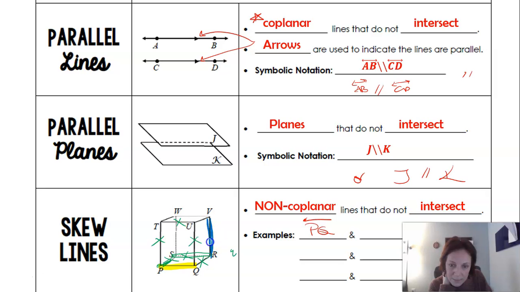See this line? PQ is on one side of the room along the floor. VR is in the opposite corner of the room going up and down. They're never going to cross, but they certainly aren't parallel. So I could say that PQ and VR are skew.